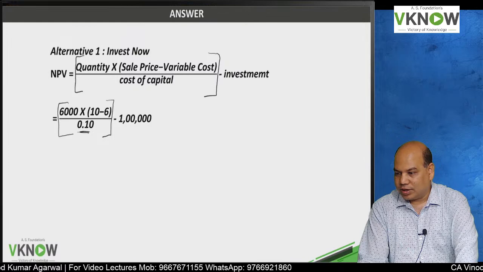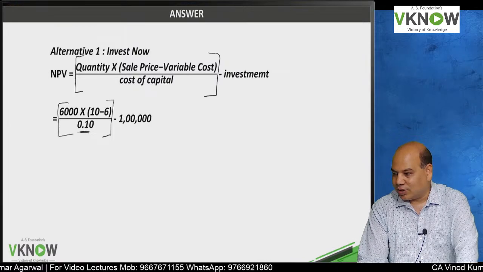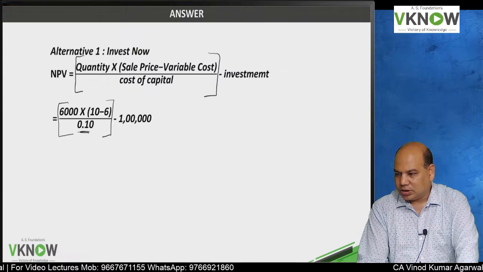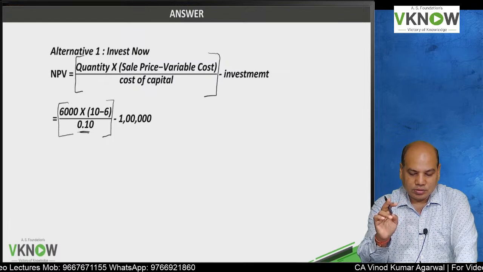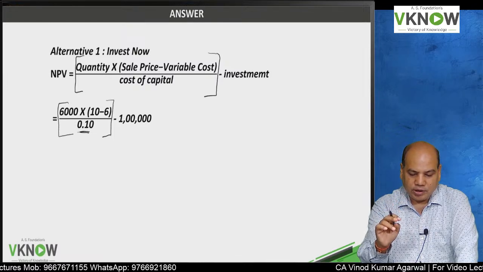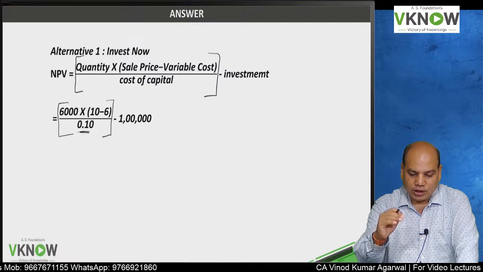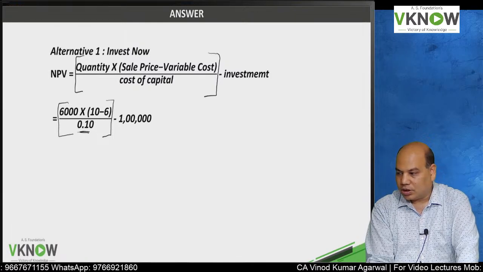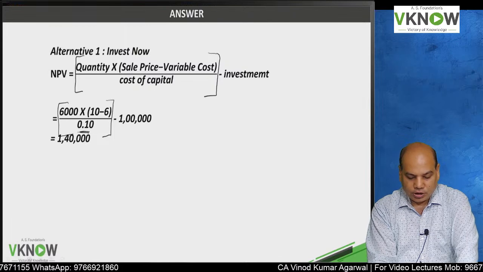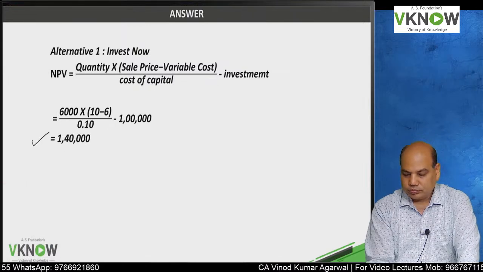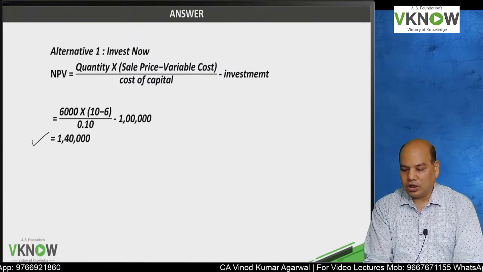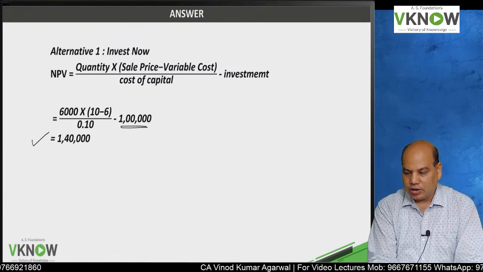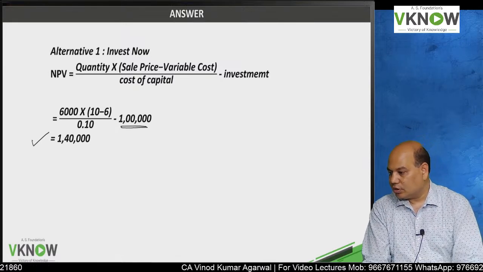You can do it directly without even calculator also. 6,000 into 4, 2,40,000, 24,000 divided by 10%, 2,40,000 minus 1 lakh. The answer is 1,40,000, not 78,182. 1 lakh you don't have to discount, it is already invested today. Is it right?